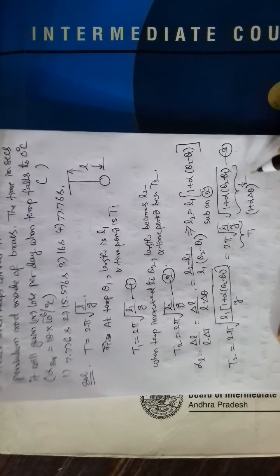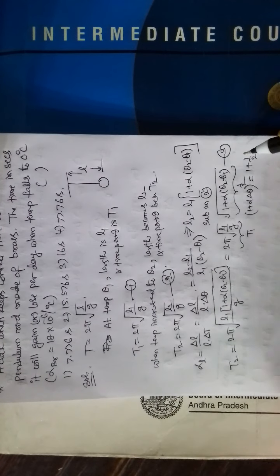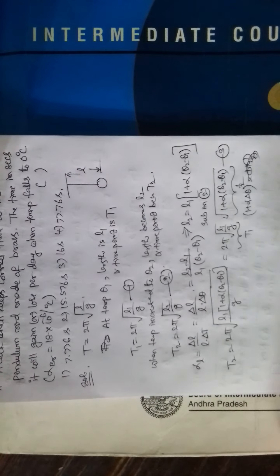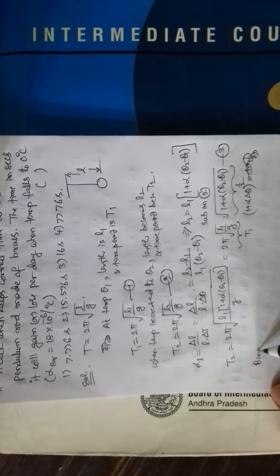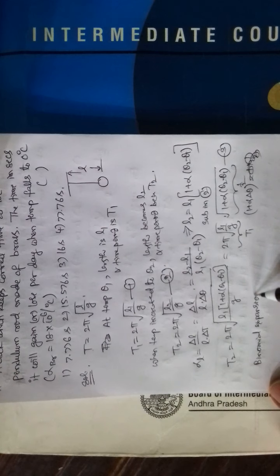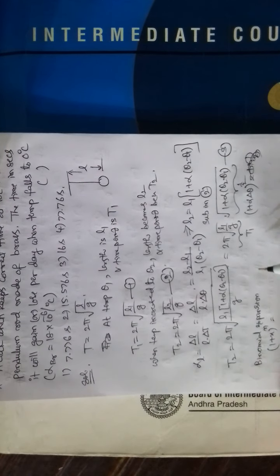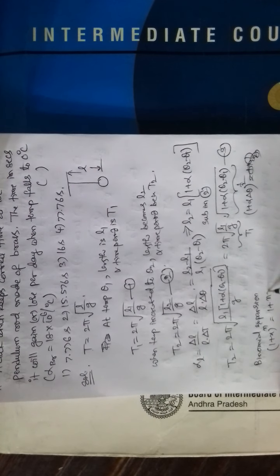By binomial expansion, this can be written as 1 plus 1 by 2 into... Let me tell you the binomial expansion. 1 plus x power n is 1 plus nx plus n into n minus 1 by factorial 2 into x square, and so on.